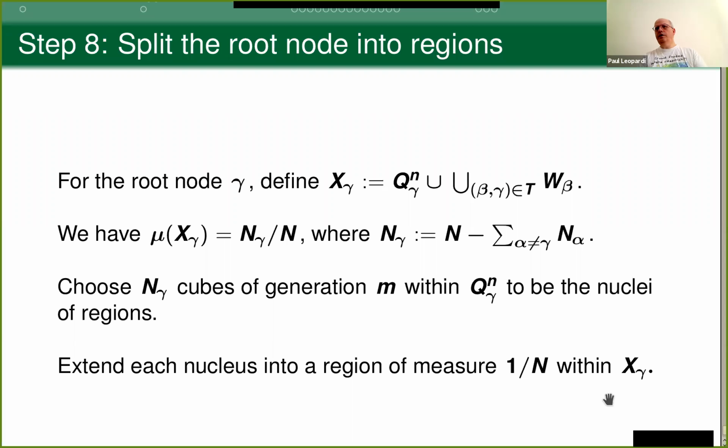But what's different here is that we have our smaller cubes, which we're using as nuclei of regions. And because we have smaller cubes, that gives us the part of the result that says that each of the regions that we eventually get of measure 1 on n contains balls of a certain radius.